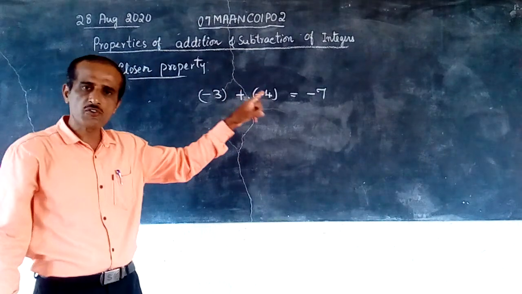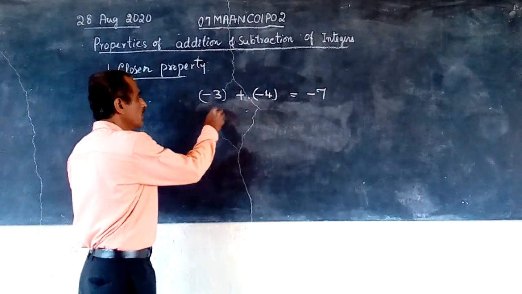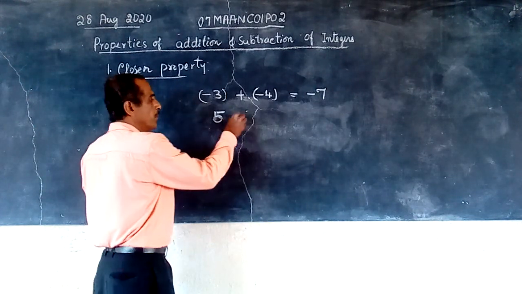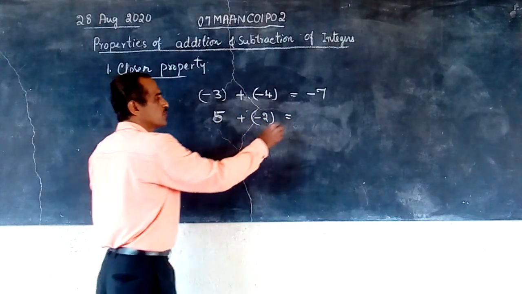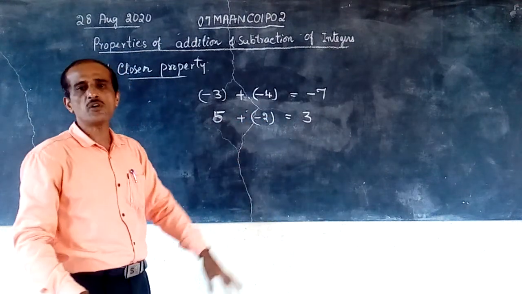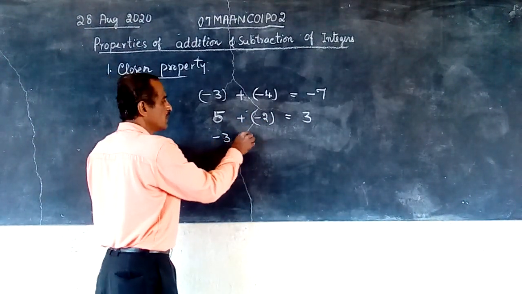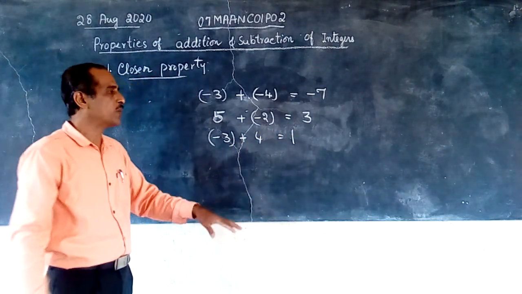Minus 7 is also an integer. Let us take one more. I will write a positive integer 5 plus minus 2, a negative integer. What is the sum? 5 plus minus 2 is equal to plus 3. Or say minus 3 plus 4 is equal to 1.